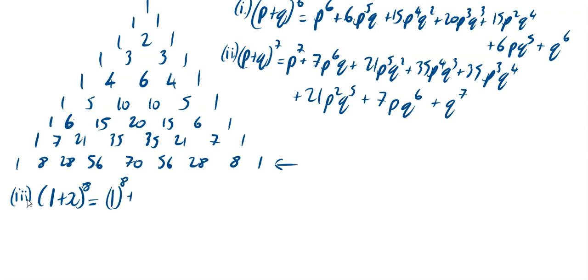So it's going to be 1 to the power of 8 plus 8 times 1 to the power of 7 times your x.